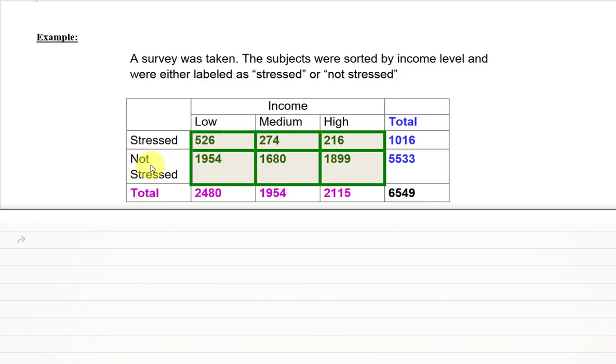If you have high income and you are not straight, we have 1,899 people, and so on. The total is the summation of the row or the column. In total, we have all the subjects, with a number of 6,549 people.